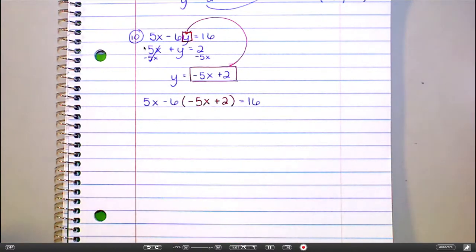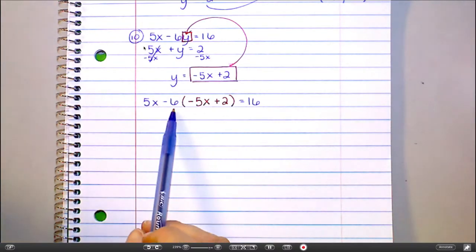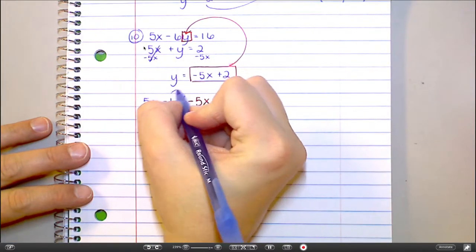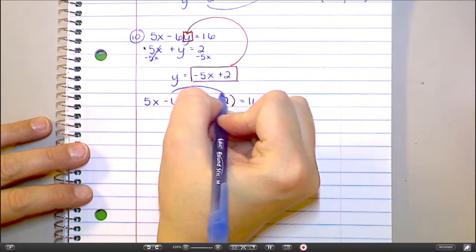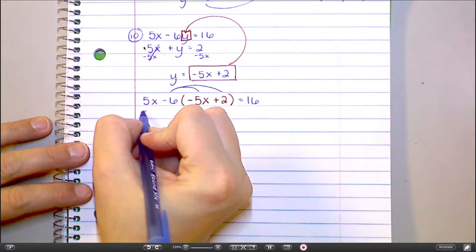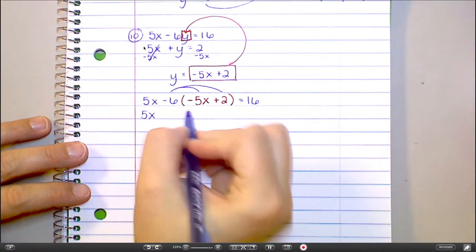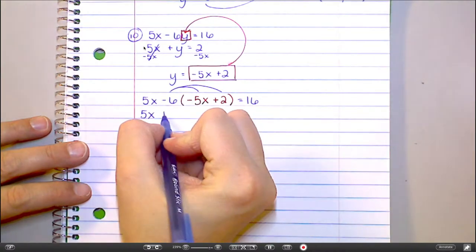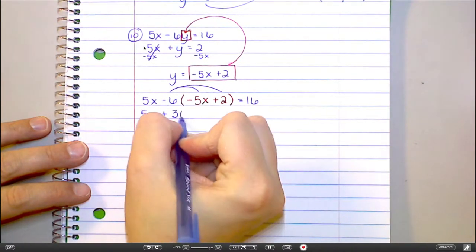What do I do here first? I'm solving. Macy? Okay, and what am I distributing? Okay, be careful. What kind of 6 is that? That's a negative 6, yep. So I'm doing negative 6 times negative 5 and negative 6 times 2. So 5x, negative 6 times negative 5 makes positive 30x.